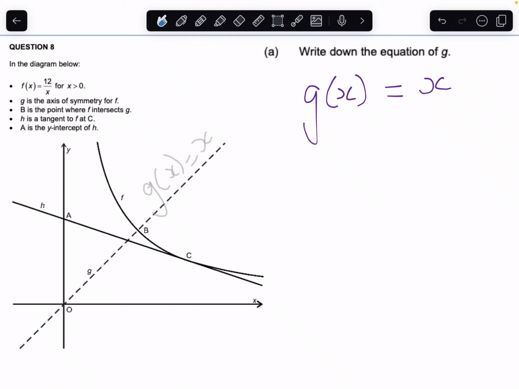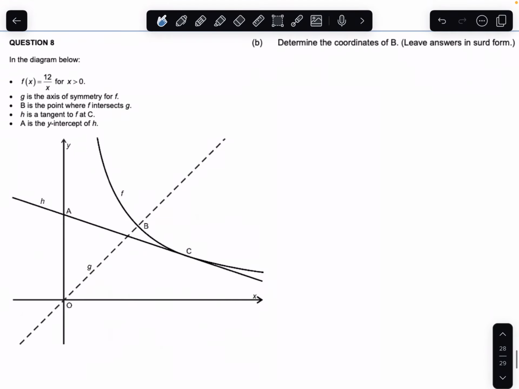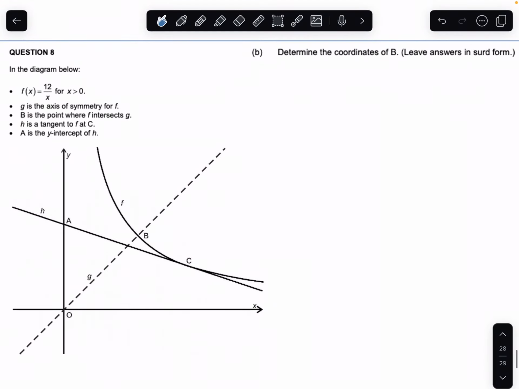Yes, so nice, one mark there. In agreement. So same story, where we now know that g of x is equal to x.